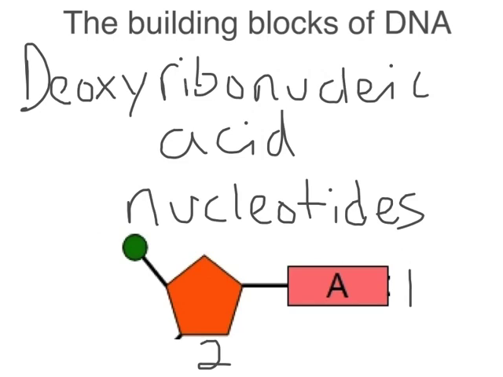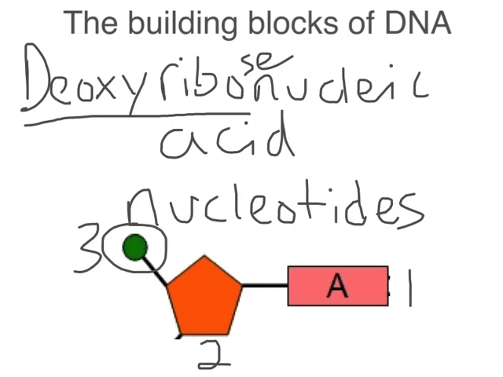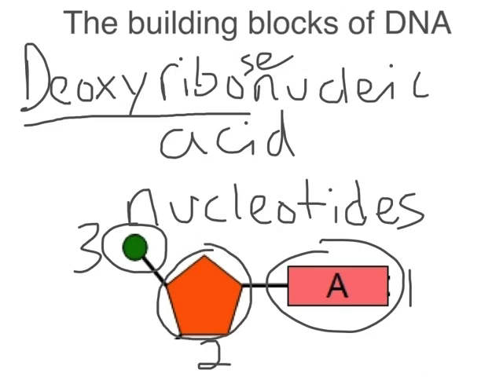In this case, the sugar is called deoxyribose. And for three, we have this area here, the phosphate group. So there's three parts: the nitrogenous base, the sugar, in this case deoxyribose, and a phosphate group. And those three things stuck together in this fashion compose a nucleotide.